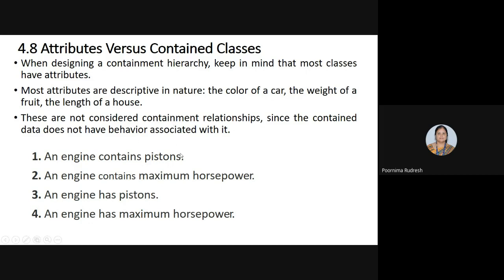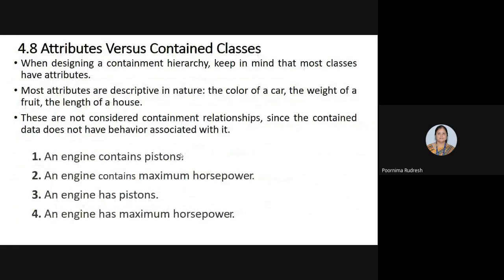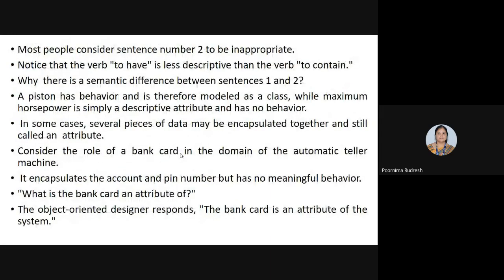So the first one is, an engine contains pistons. We can say that it's an appropriate one, but an engine contains maximum horsepower is an inappropriate sentence. Why? Because the engine contains the piston, so the piston has behavior, and hence the piston is modeled as a class, while the maximum horsepower is simply a descriptive attribute, and it doesn't consist of any behavior.